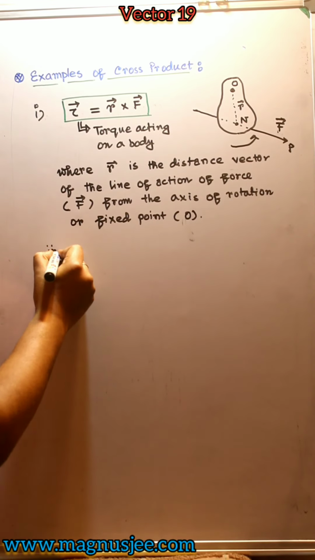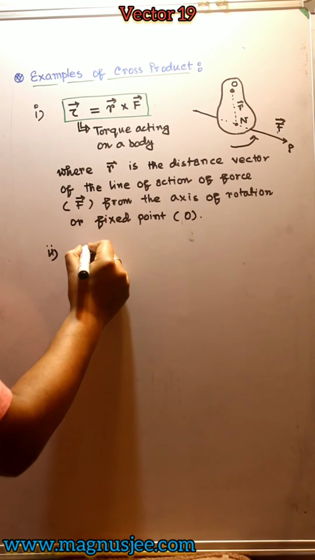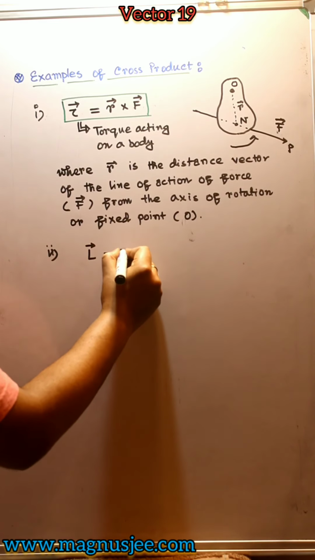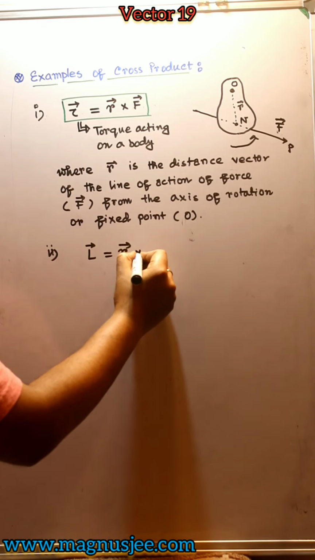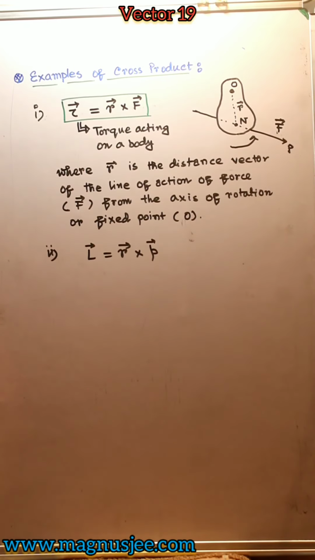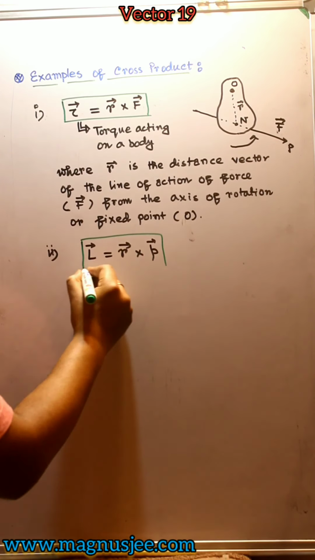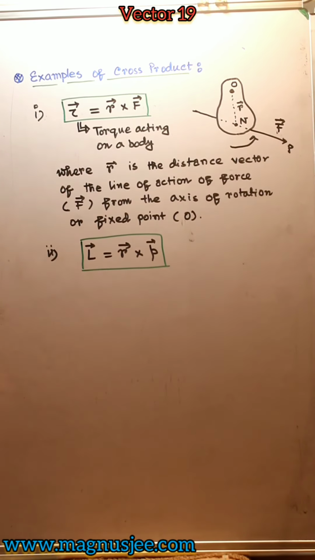Number 2. Vector L equal vector r cross vector p.